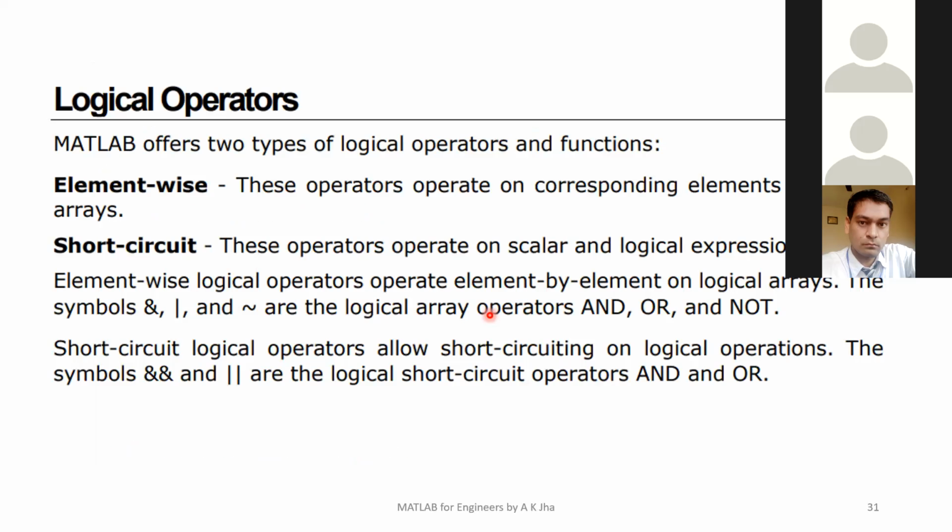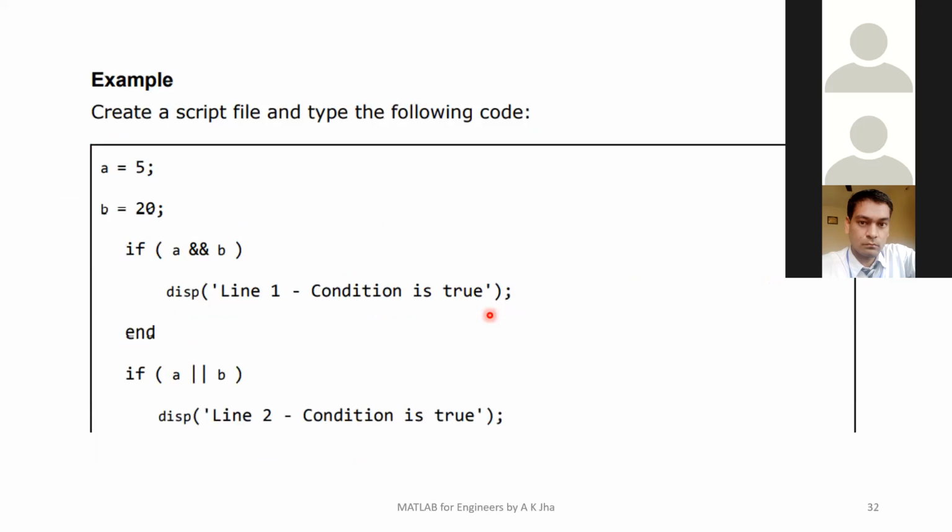Then we have logical operators. Logical operators like the AND operator, NOT operator, OR operator. These are also required for various reasons in calculation. So if you have A and B variables, and you define a condition, like if A and B, then display line 1 condition is true, it's AND, or A or B, the condition is true.